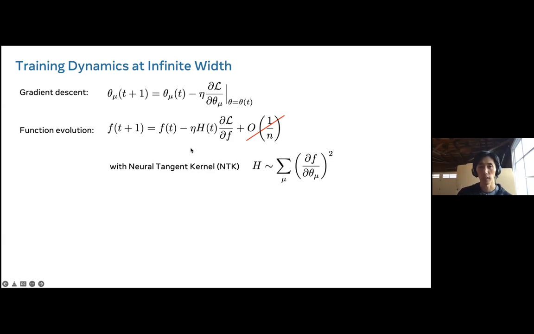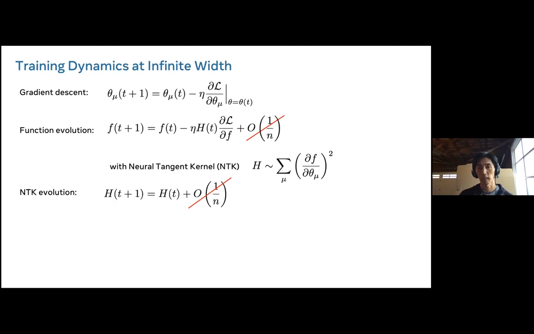And here, this first order piece H is called the neural tangent kernel, and it roughly looks like a derivative of the function over model parameter squared. H, the neural tangent kernel NTK, for physicists is like a Hamiltonian, so that's why I denote it by H. It just governs the evolution of the function at this order.